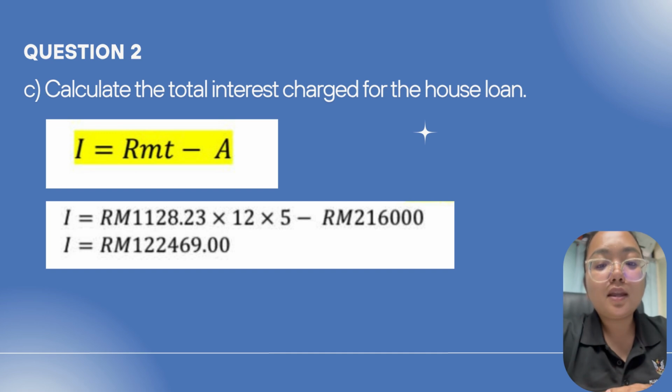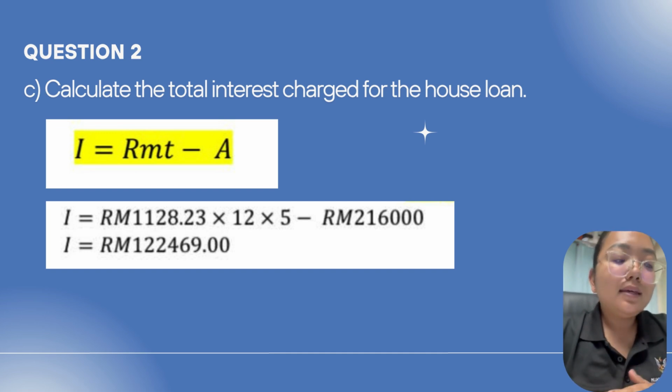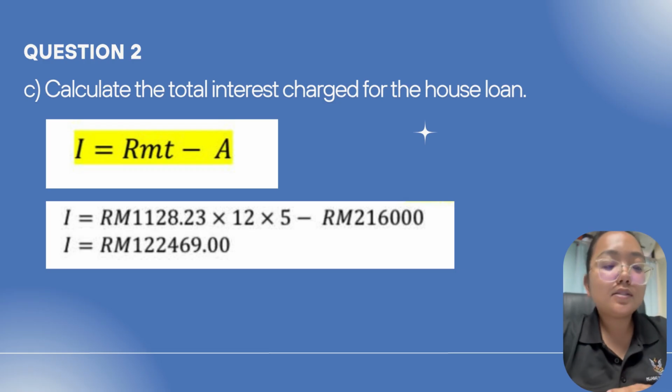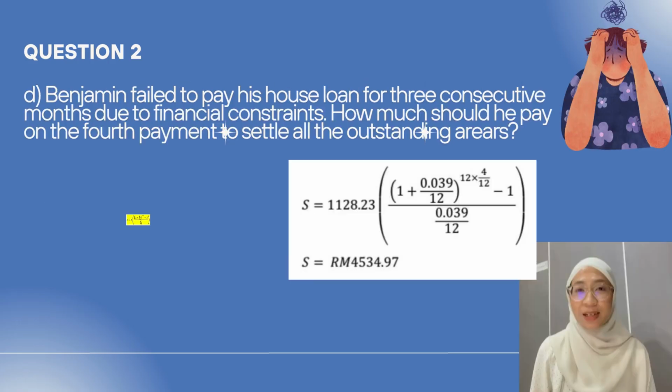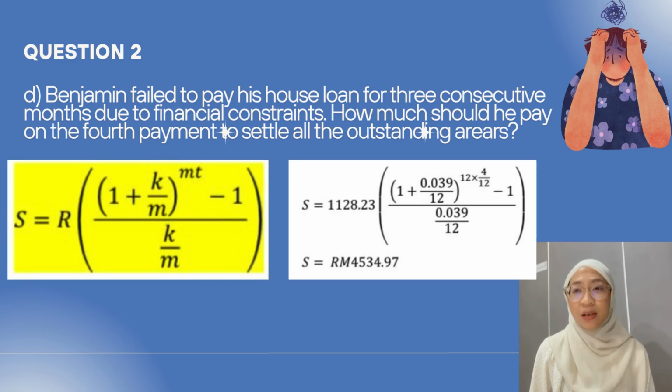So we substitute the values into the formula: I equals 1,128.23 times 12 times 25 minus 216,000, which gives the interest as 122,469 ringgit.